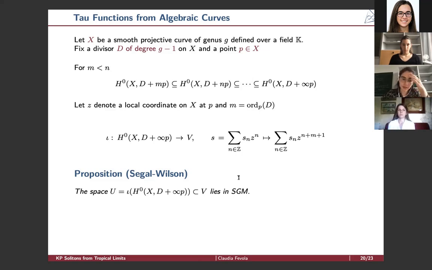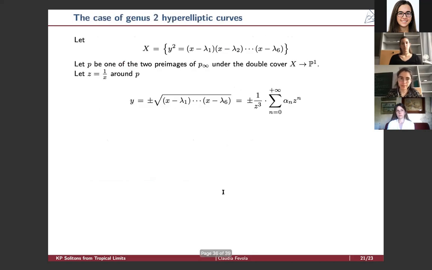And this result by Segal and Wilson says that the image of this space into V is a point in the Sato Grassmannian. Now we know that any time we have a point in the Sato Grassmannian, we can build a solution to the KP equation. So from a curve, we can construct a point in the Sato Grassmannian, and this will give us a solution.